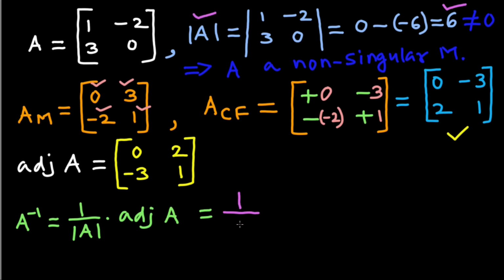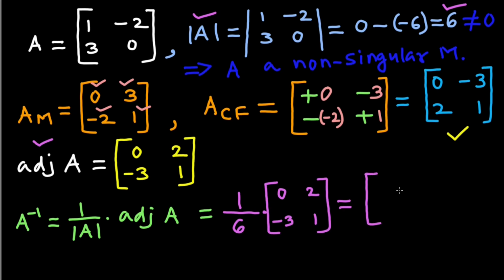So therefore we write 1 by 6 multiplied by adjoint of A, which is 0, 2, minus 3, 1. So the required A inverse will be 0 upon 6 is 0, 2 upon 6 is 1 by 3, minus 3 upon 6 is minus half, and 1 by 6 is 1 by 6. So this is the inverse of matrix A.